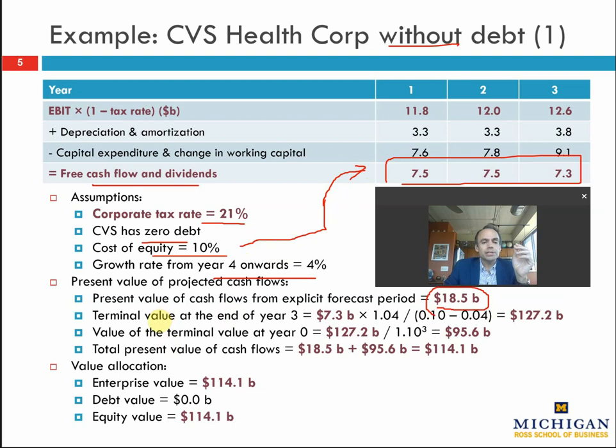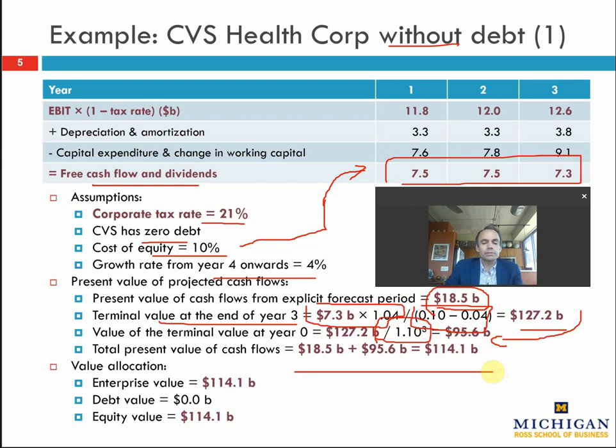The value of the business at the end of year 3 is going to be the year 4 cash flow divided by the discount rate minus the growth rate. And the year 4 cash flow is the year 3 cash flow in this example, multiplied by 1.04. So in this world with corporate taxes, the terminal value is $127.2 billion. The present value of that terminal value after discounting 3 years is $95.6 billion.